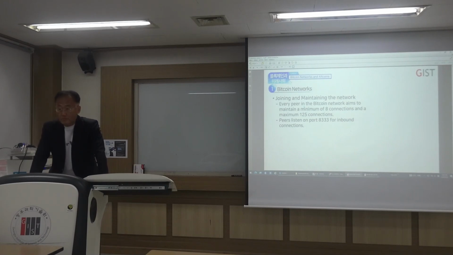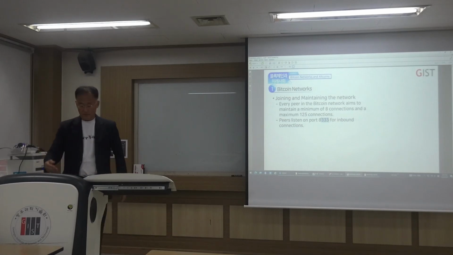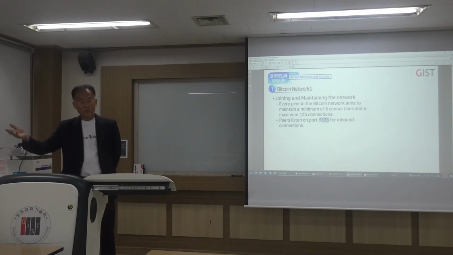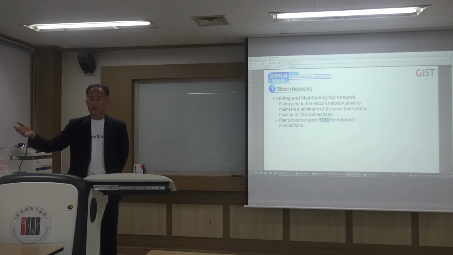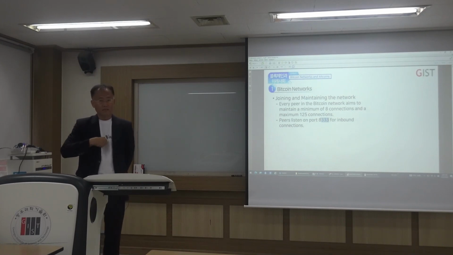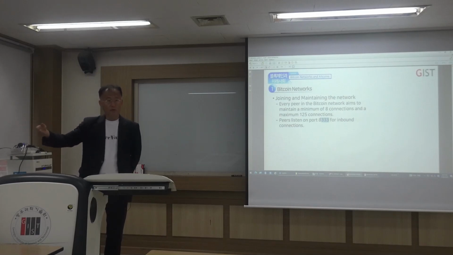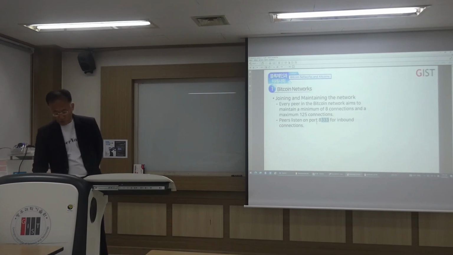Basically, a node, when it comes to the network, listens on the same port everyone else uses, like in the Bitcoin case, 8333, right? And then they listen on it, and if there is a request for a list of neighbors, then you are supposed to give your list of neighbors to the requester, and so on.